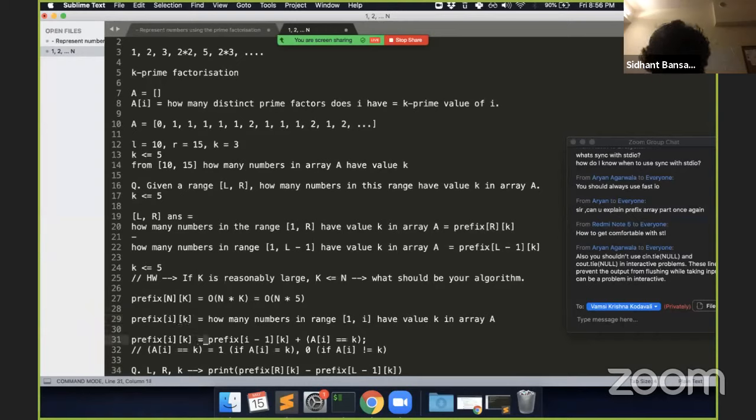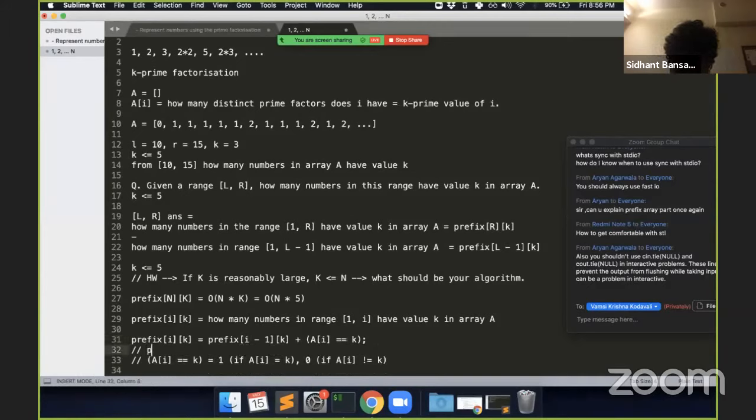And the recurrence that we use to create prefixes is this thing. Let's say you know prefix 9k equal 3. Now, calculating prefix 10k equal 3 is pretty simple, right? You can just use the prefix 9 value, and then ask if A10 is 3.